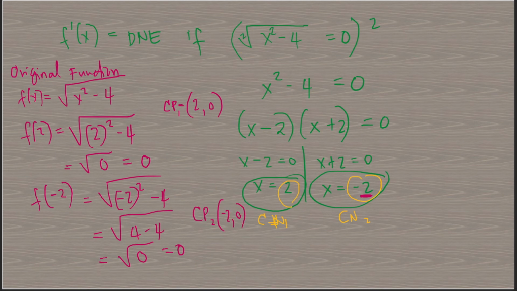So far, so good? This is our first critical point and this is our second critical point. So we have answered the question in the problem, to find the critical points given the function, the square root of x squared minus 4. Okay, let's move on to the next example.